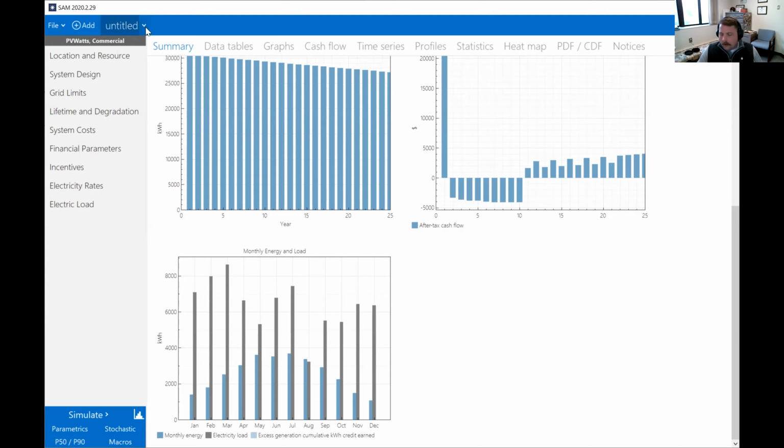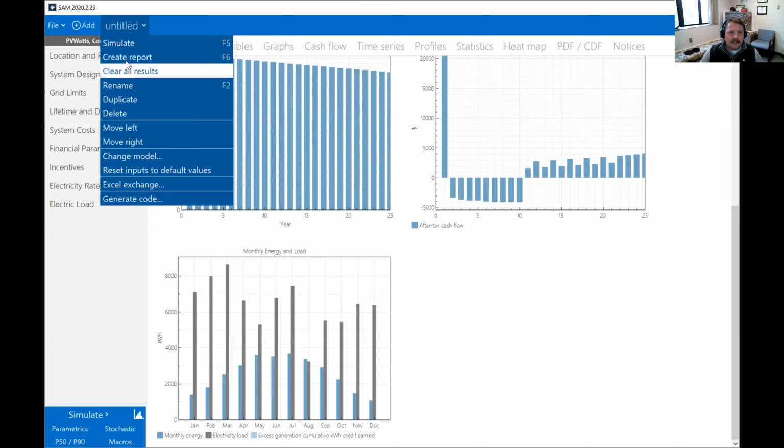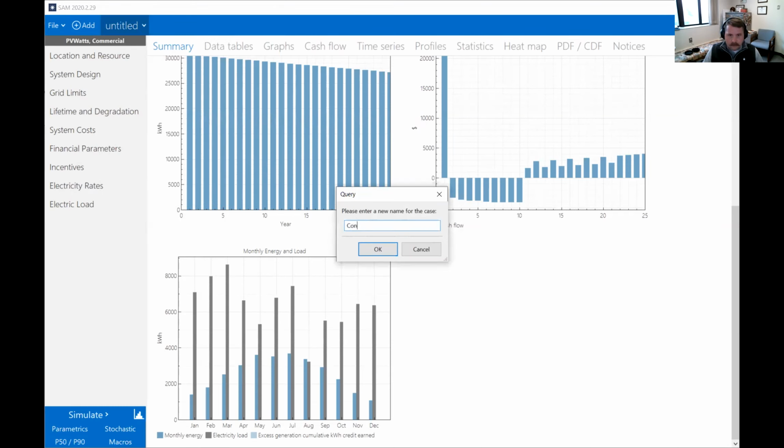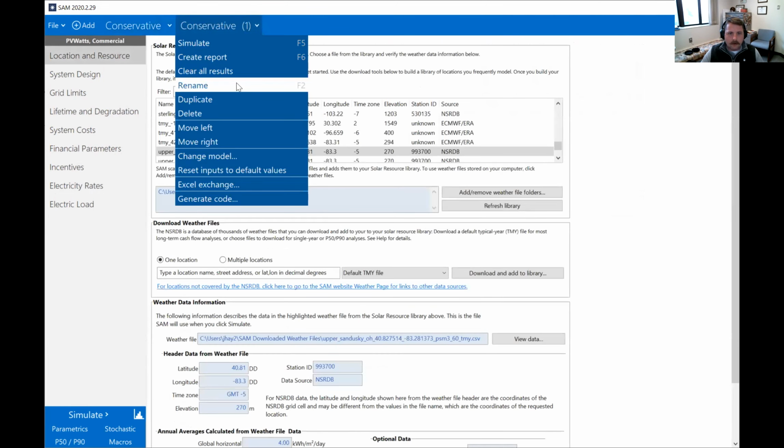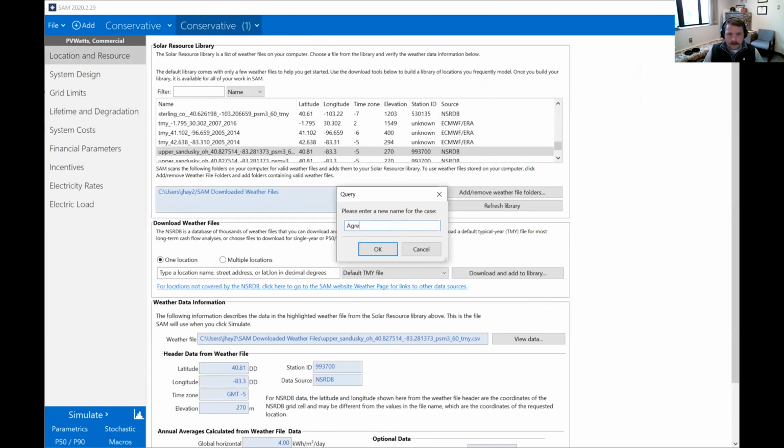All right. What I'm going to do now is rename this scenario as conservative. And then I'm going to duplicate it by clicking duplicate. And I'm going to create another scenario that is aggressive.